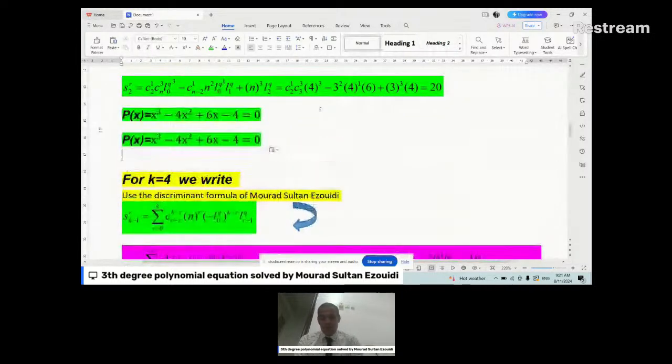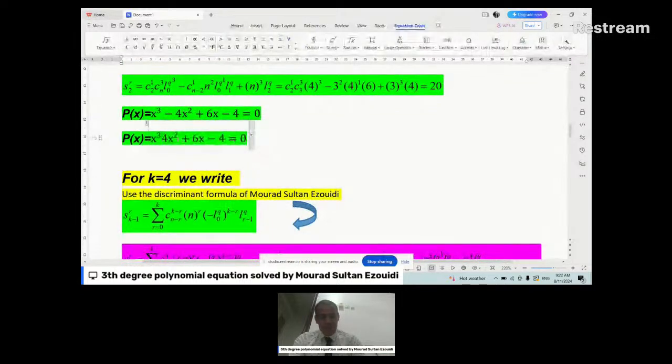So now my new polynomial is x cubed plus 6x minus 20 equals 0. Okay, now we are going to solve this polynomial, x cubed plus 6x minus 20.